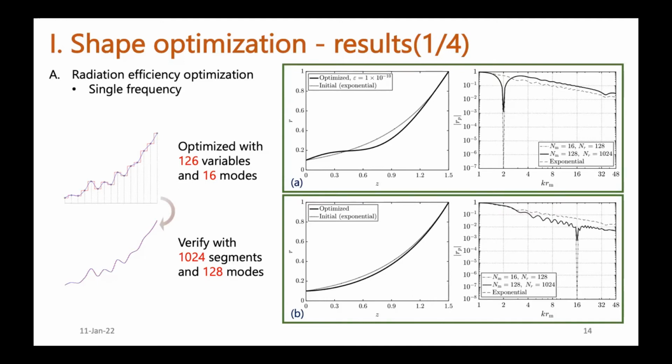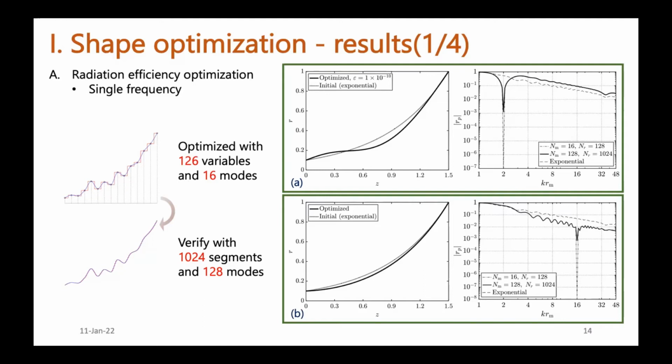In both cases, we obtain good results with a significantly decreased reflection coefficient compared to the initial shape. In the optimization, we use 126 variables and 16 modes. Because it's not very dense, the resolution is not very high.